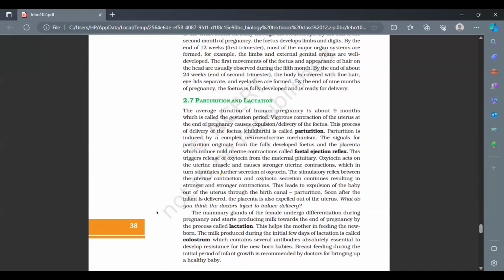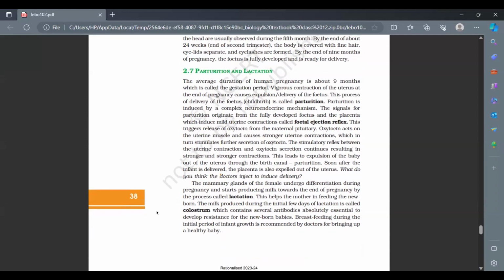Now, once the average time span of this period is gone, this is known as the gestation period. What is the gestation period? It is the time span of 9 months of human pregnancy in which the fetus develops inside the mother's womb.